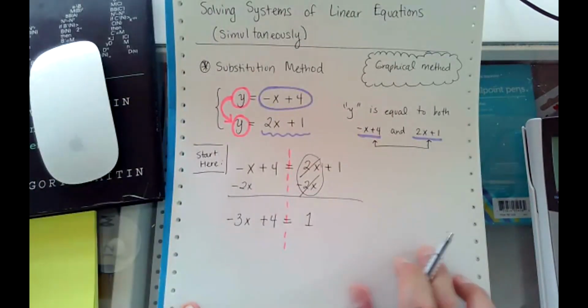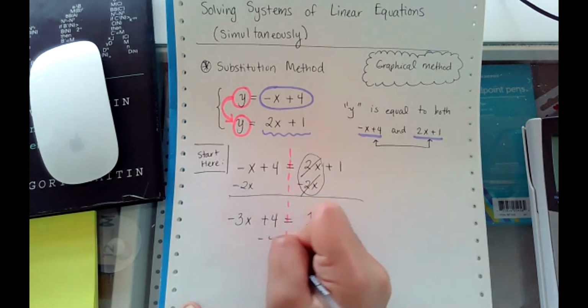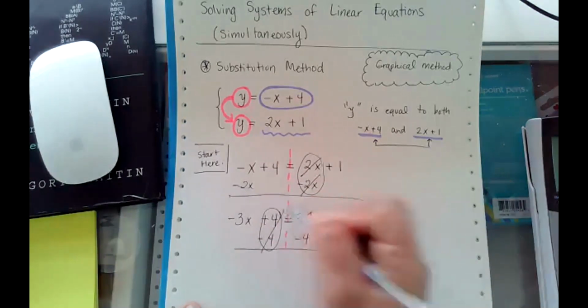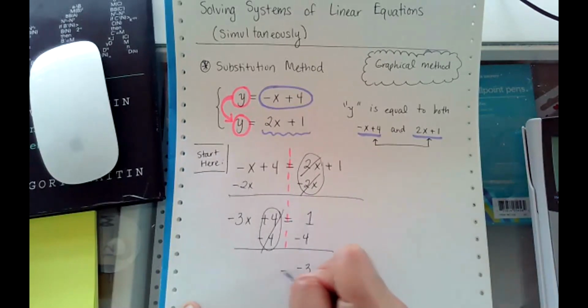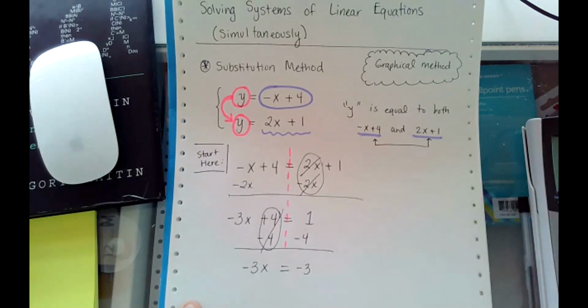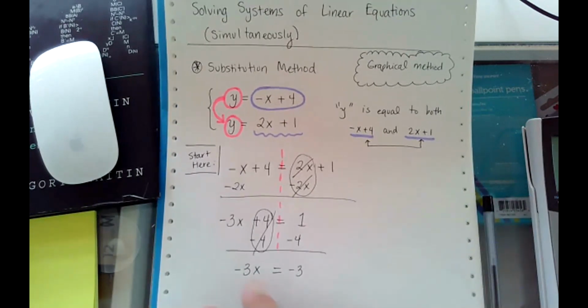Okay. Now we have plus 4. We have to move that over here, so I'm going to subtract 4 on both sides so that these cancel. But this will be negative 3 is equal to negative 3x. And now we can just divide by negative 3 on both sides, because we're trying to get x by itself, right?